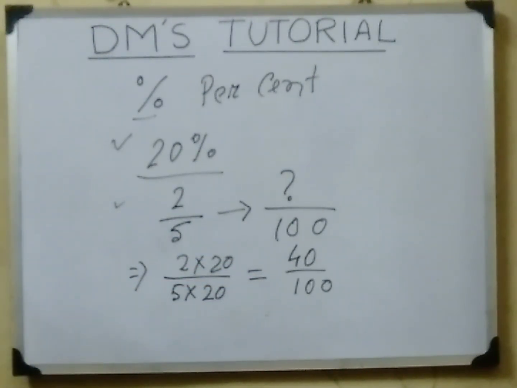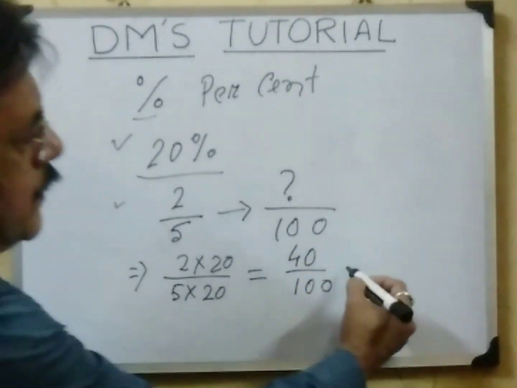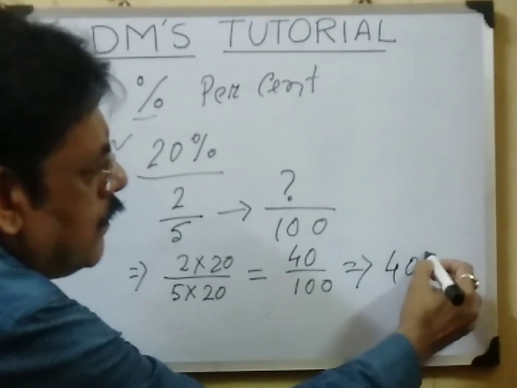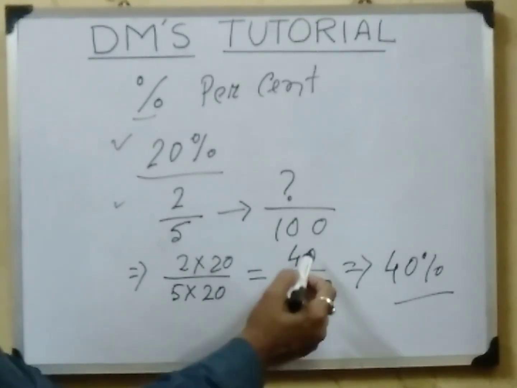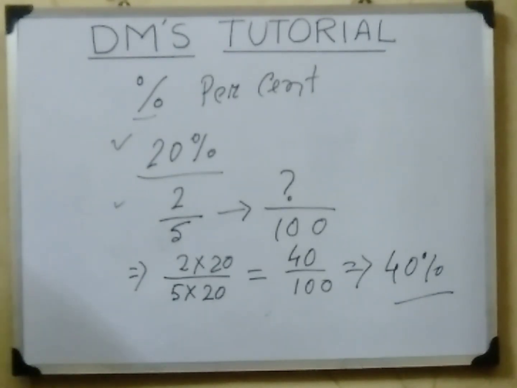Now we can easily find out the percentage value, that is 40 out of 100. So by definition we can tell it 40%, 40 per century. I think this is clear to you how any fractions can be converted into the percentage value.